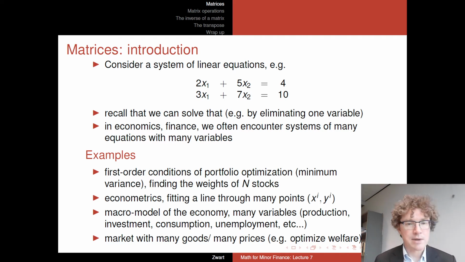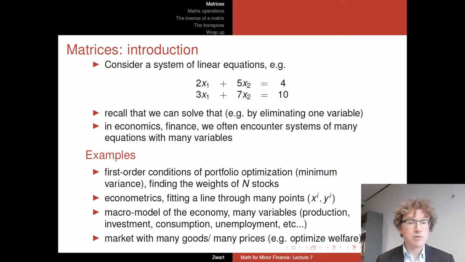Also in macroeconomics, of course, the simplest macroeconomic models would only have, say, capital and labor, but more realistic ones have many more variables in there. And in order to solve these macro models, you would also need to solve first order conditions for many different variables. And the same with microeconomics.